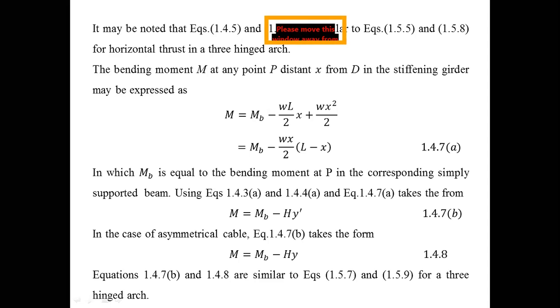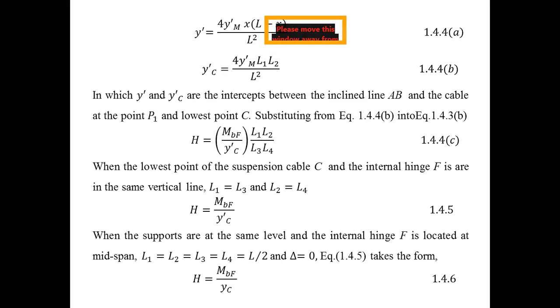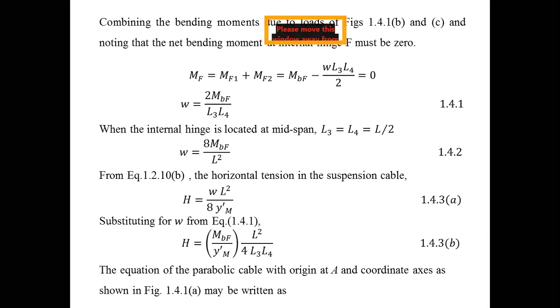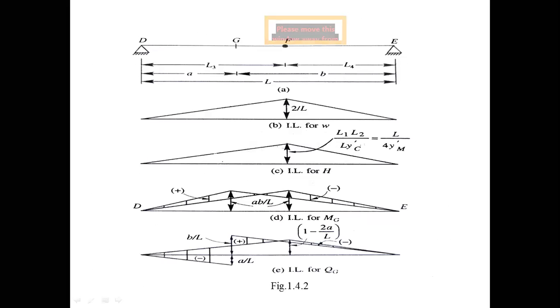So from these equations, you draw the figure. See, the influence line for MG at a particular point G may be shown in this figure. This is the influence line for MG.